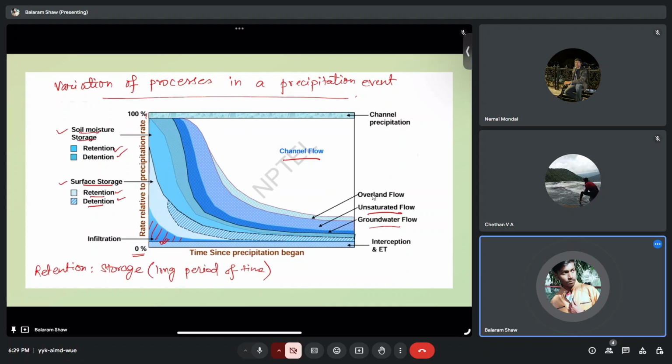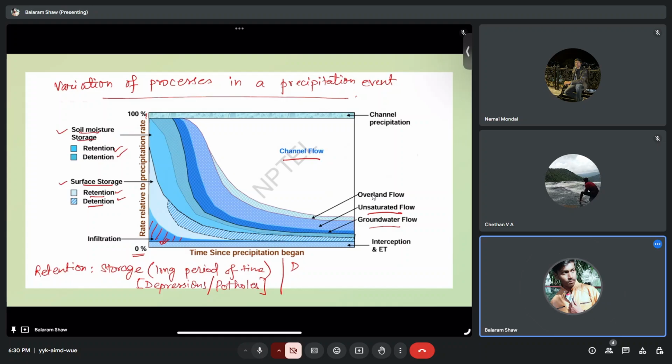Examples are depression storage, where depressions or potholes directly store surface water, which can then infiltrate or evaporate. But it is not giving input to the stream, and that's why this is called retention. Depressions or potholes, all these are retention processes.